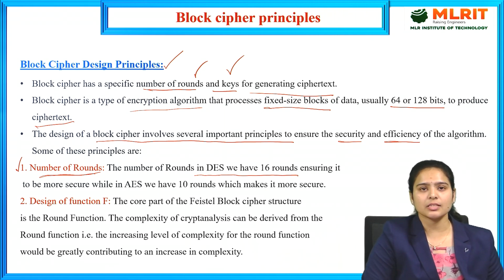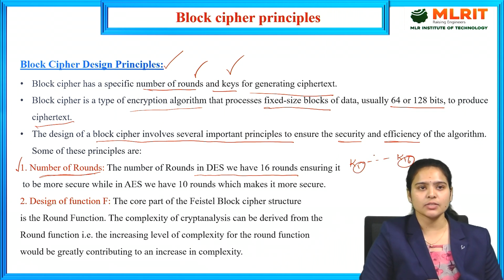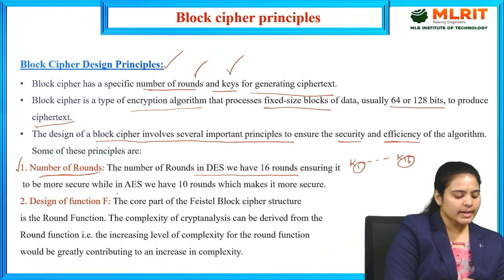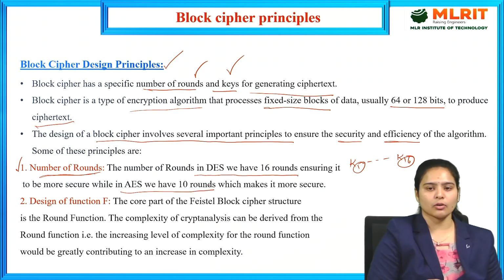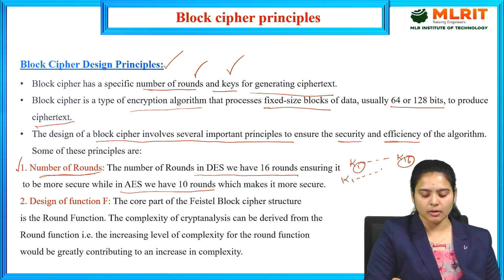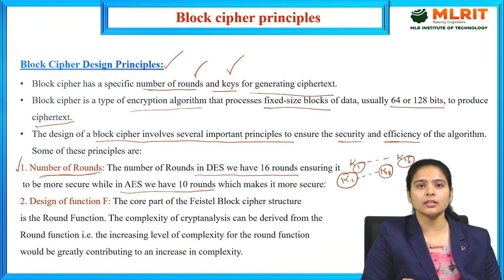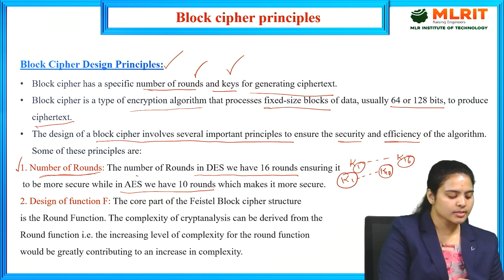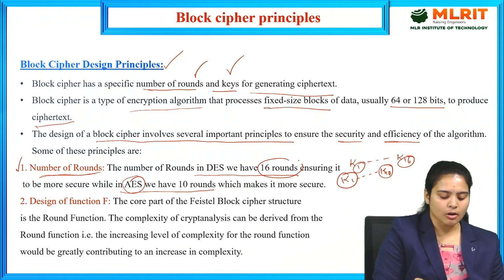Data Encryption Standard stands for DES, and we have the DES format of 16 rounds, that is K1 and so on up to K16. While in AES we have 10 rounds, that is K1 and so on up to K10. So 10 rounds of AES and 16 rounds of DES.